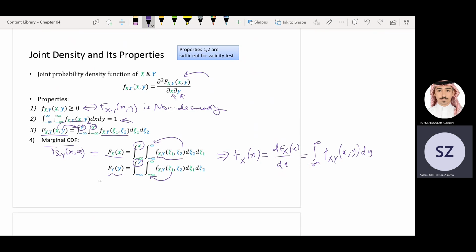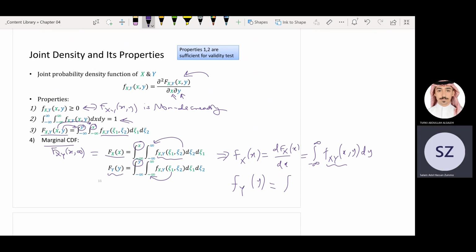When you integrate, so basically in order to find the PDF of x, you simply integrate the joint PDF with respect to y. But if you want to find the marginal PDF of y, what do I get?